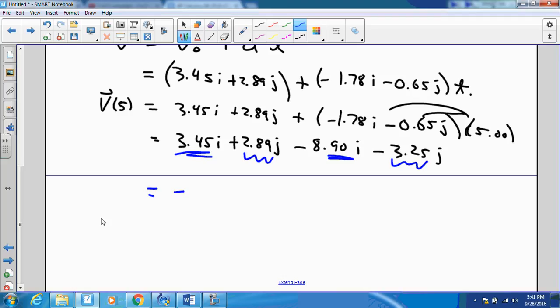And when we assemble all those in one place, then we find that our new velocity is going to be negative 4.35i, and negative 0.36j.